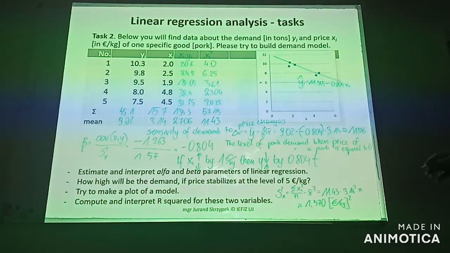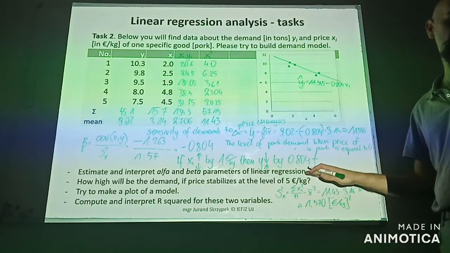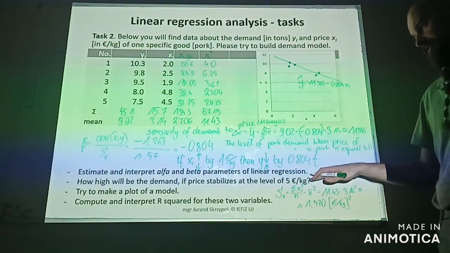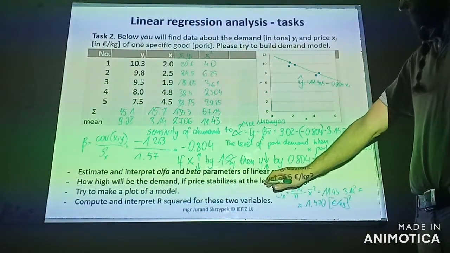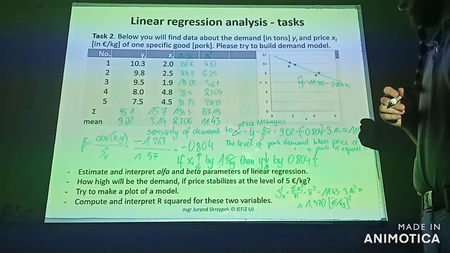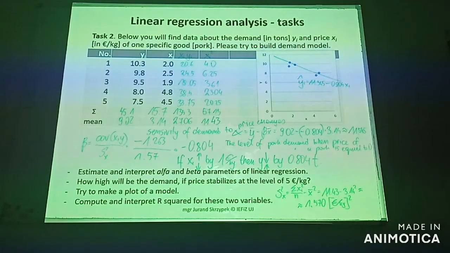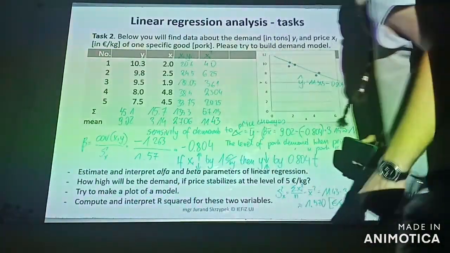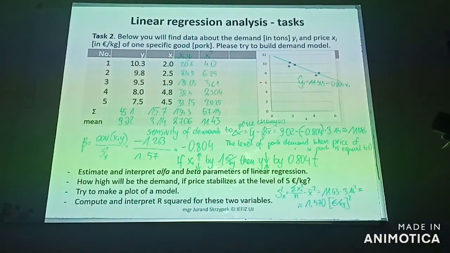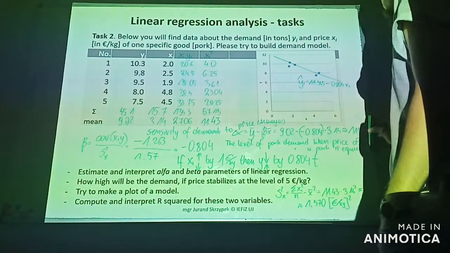Okay, and now we are playing the role of market analysts. We predict that the price of pork will stabilize at the level of 5 euros per kilogram. What will happen with the demand for pork?